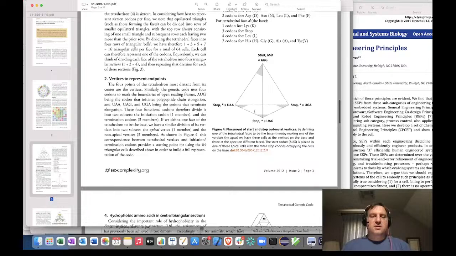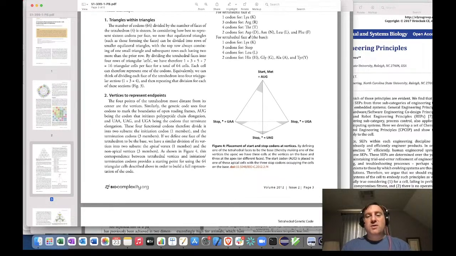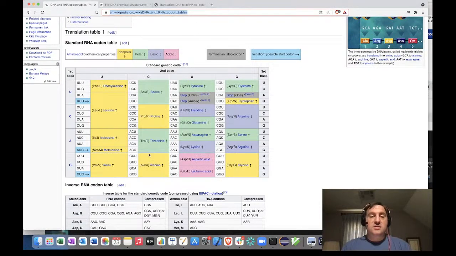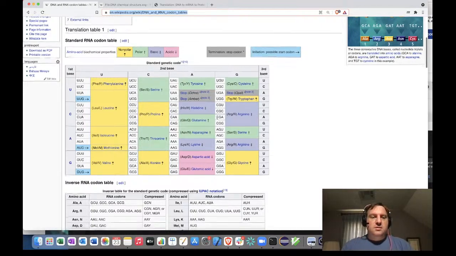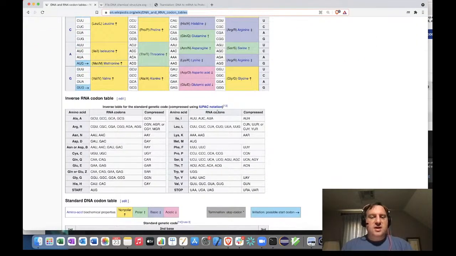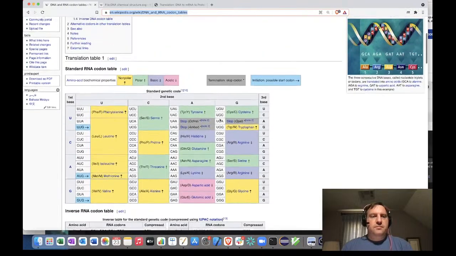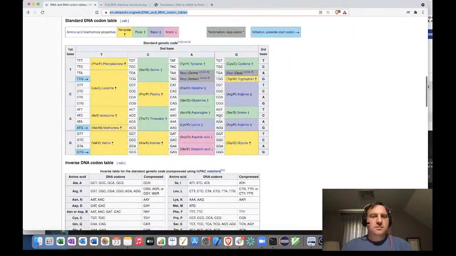So anyway, there's a lot of ways to represent this. The easiest one for lookups, I think, is this standard code, this standard table. So anyway, that's how it works. That's the RNA table. This is the DNA table. I think that's what we were working off of. So that's the genetic code. That's how it works.